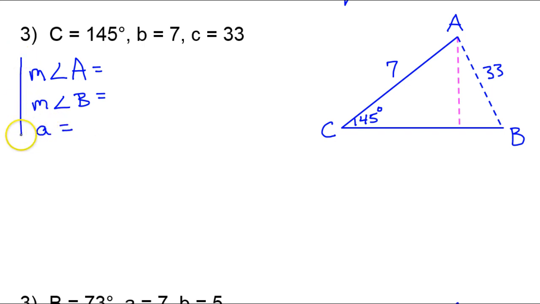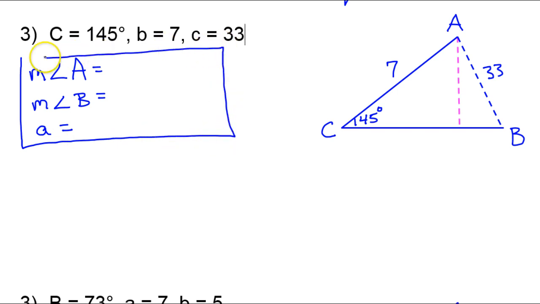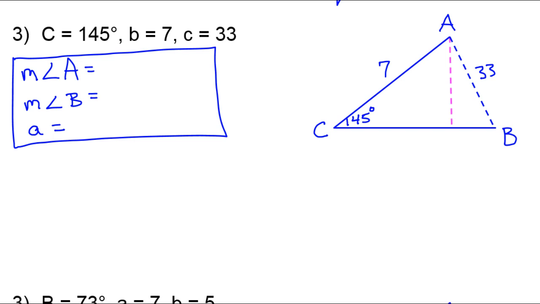Okay, so in the end, we should have all three of these values in the box right here. Now it's possible that we will only have one triangle, depending on the lengths that we find. Maybe there will be no triangles, maybe there will be one triangle, or maybe there will be two triangles, but we'll get to that in a moment.